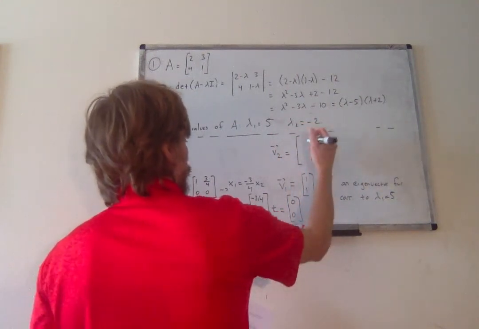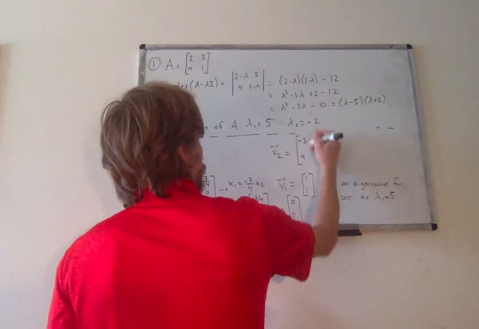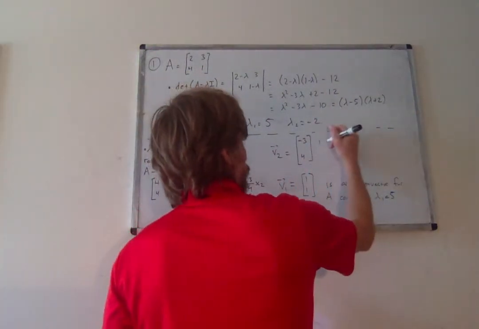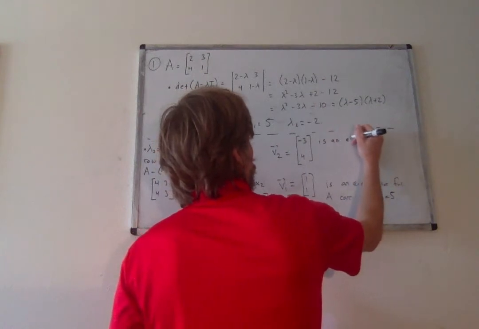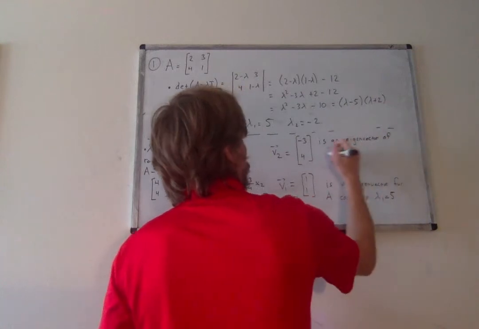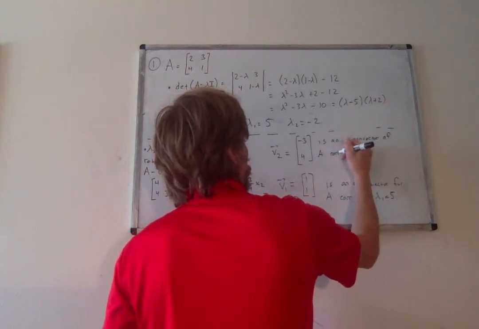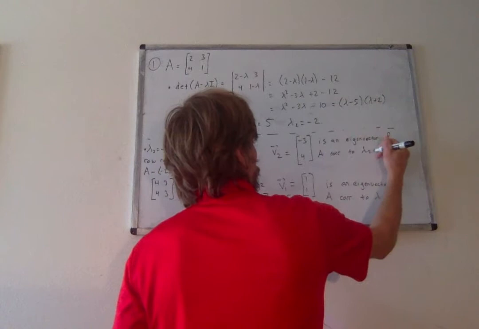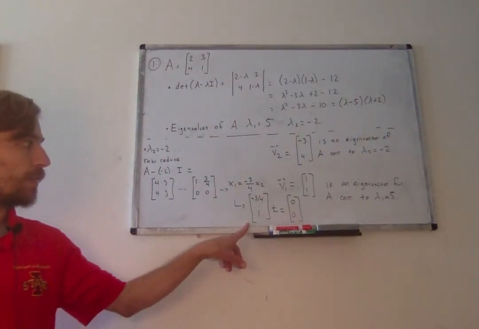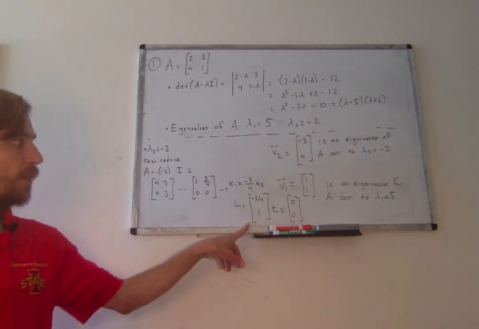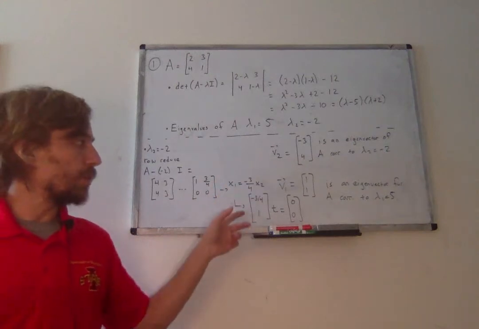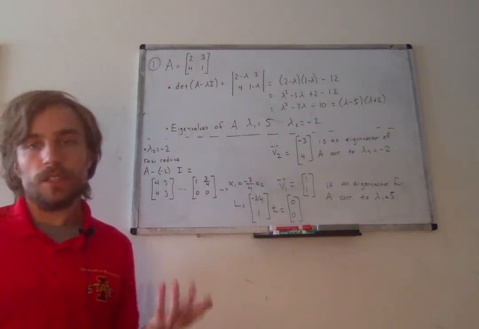And in fact, I know that negative 3, 4, where I'm letting t equal 4, is an eigenvector of A corresponding to lambda 2 equals negative 2. That's again because any scalar multiple of this vector is also an eigenvector, and so I'm just going to multiply by 4 to clear all the fractions out, just because it's easier.